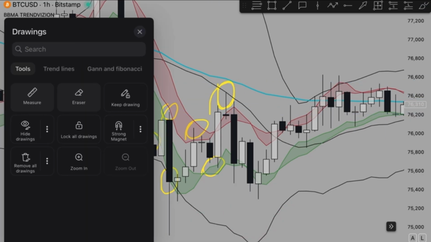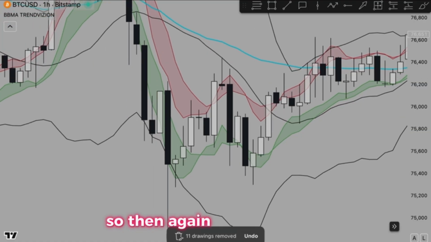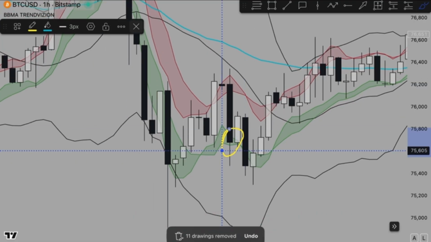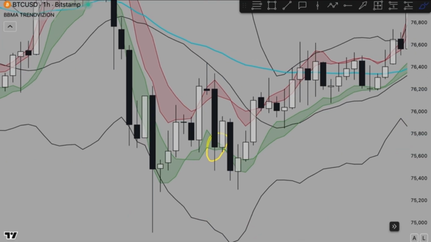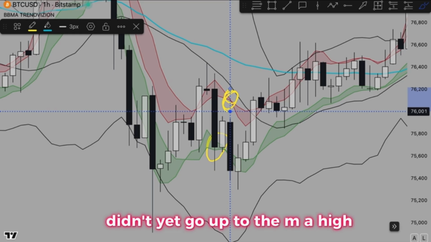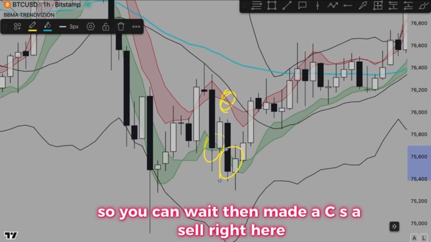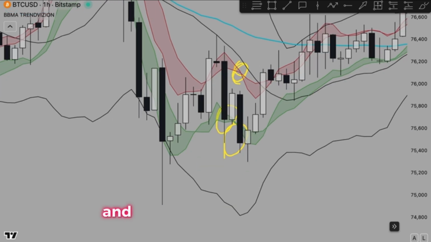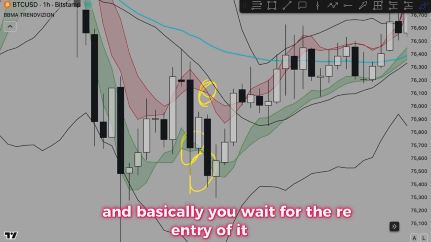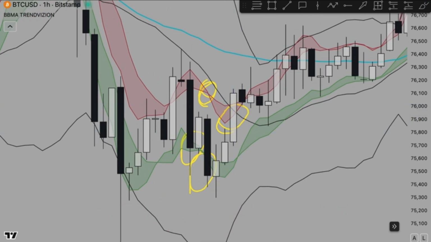So then again here tested MA low, didn't yet go up to the MA high, so you can wait. Then made a CSA sell right here, and basically you wait for the re-entry of it at MA high here.